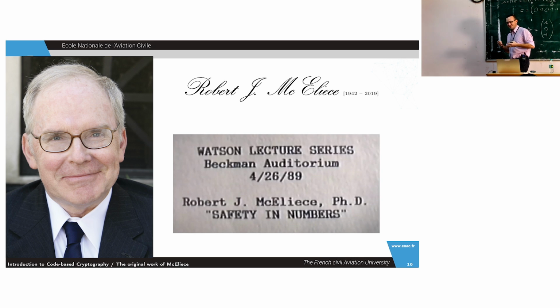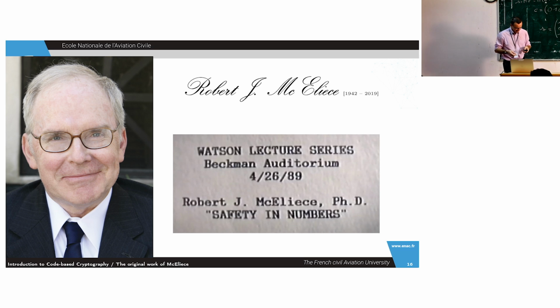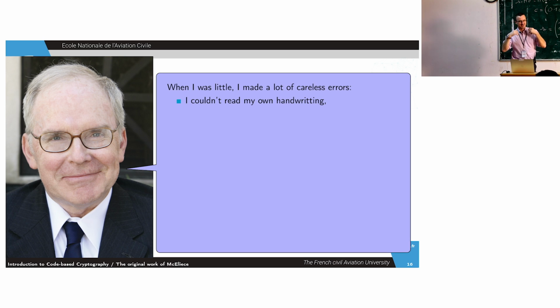He was trying to explain why error correcting codes are great. At the very beginning of the talk, the introduction was: when I was little, I made a lot of careless errors. I couldn't read my own handwriting. I made spelling mistakes. When I multiplied, I forgot to carry. I tried to learn chess, but I always overlooked my opponent's best move. It was awful.